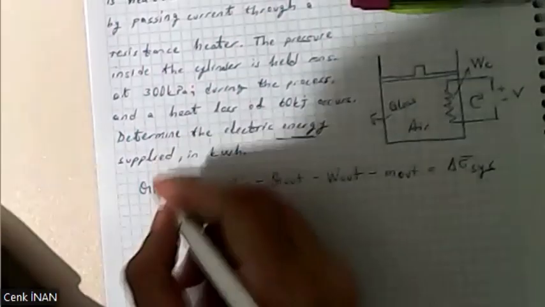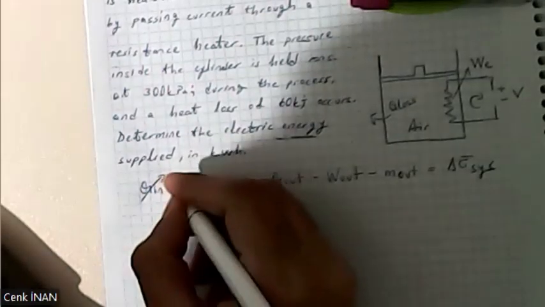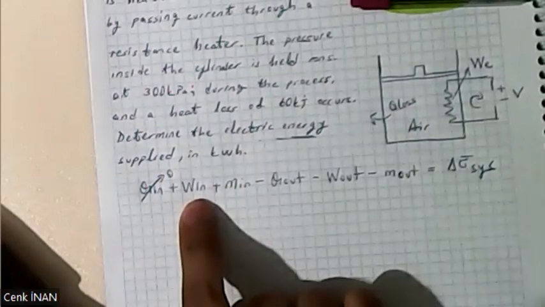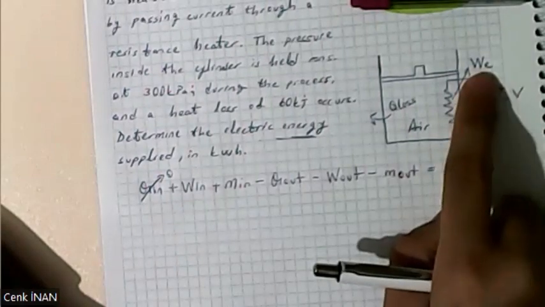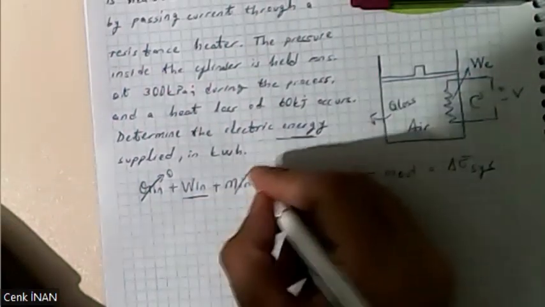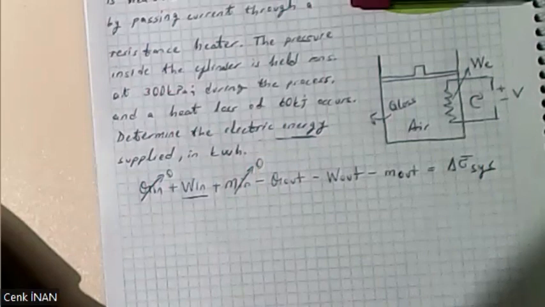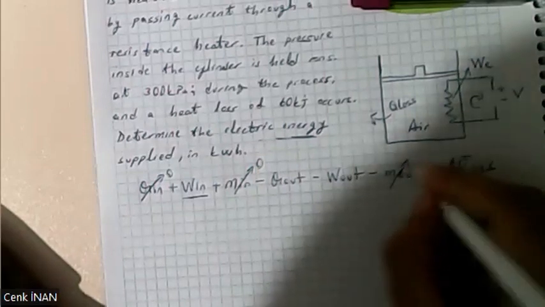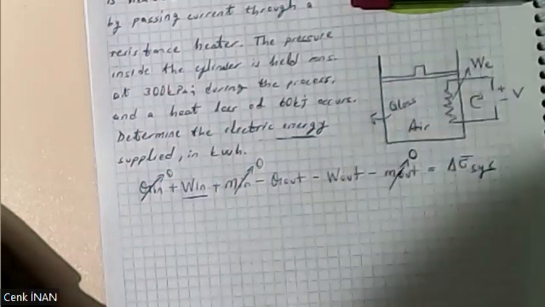So Q in is zero. We have work in, the electric work. No mass input because this is a closed system, no mass input, no mass output.